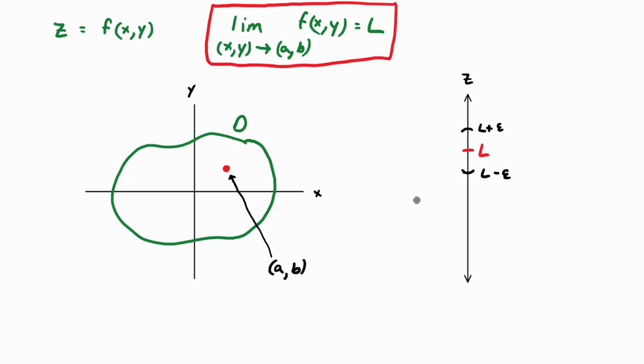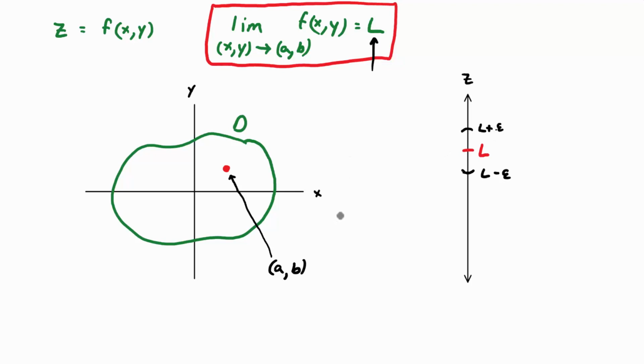Then in the more formal definition of limit, we're going to say this. For any epsilon bigger than 0, we should be able to come up with a delta bigger than 0, so that if (x, y) is within delta of (a, b), f of x, y will be within epsilon of L. f of x, y will be in this interval, if this limit is to exist, that is.